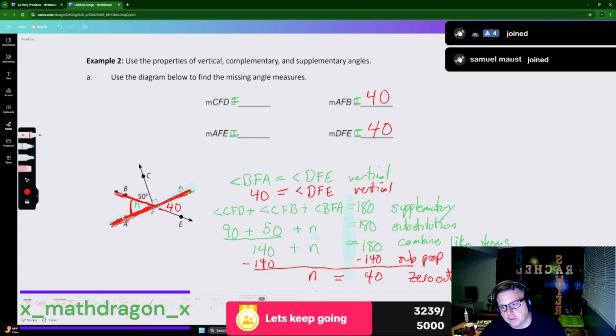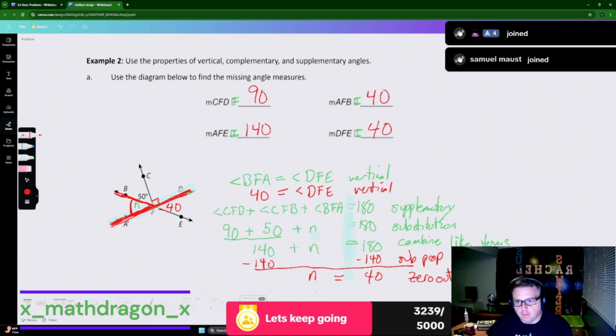This angle plus the other angle, so I know AFE is going to be 140. CFD, we already know, is 90 degrees because of that box. And boom. Dunzo. Funzo. Wrap it up, Zo.